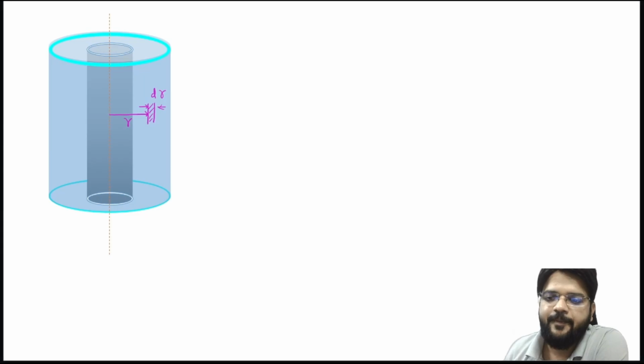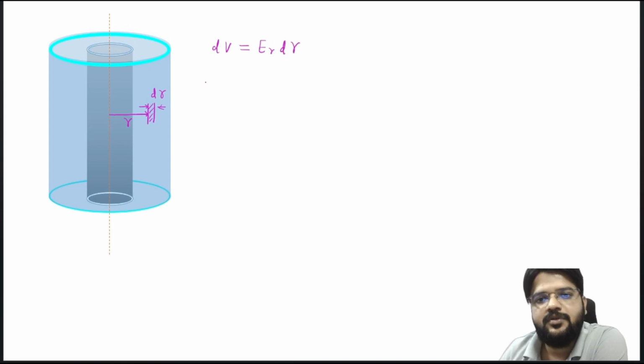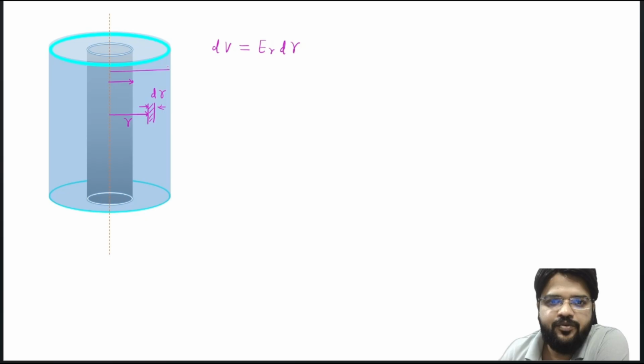So the change in potential for this small region can be written as dV equals E(R) dr, correct? We want the potential difference between the inner surface and outer surface, so we need to integrate. We will integrate on both sides, and now we need to put limits also. So think, what should be the limit, everyone?